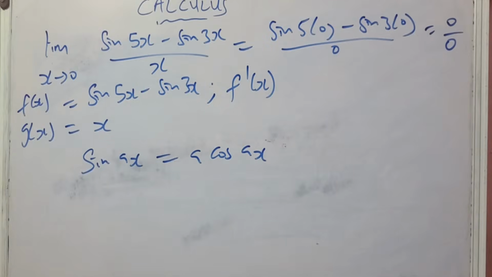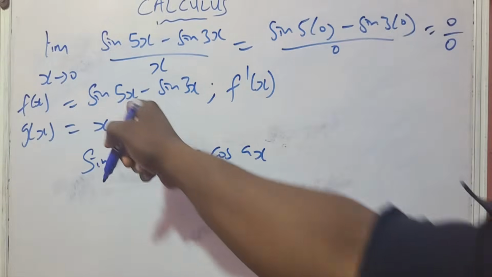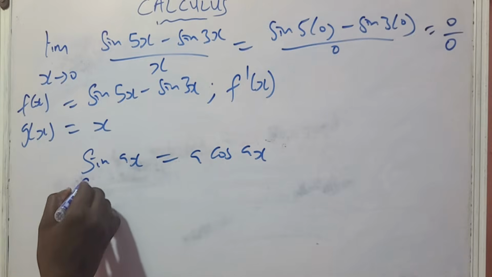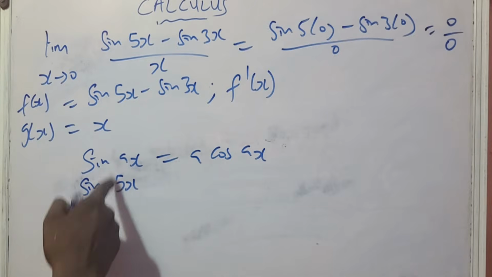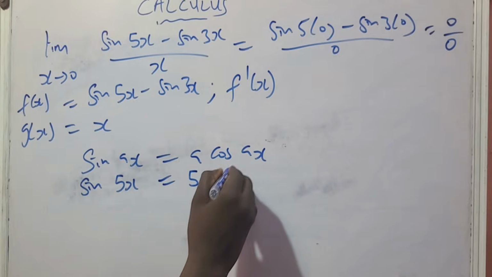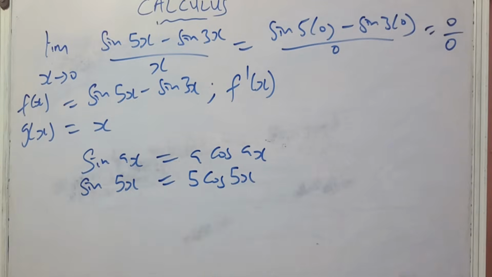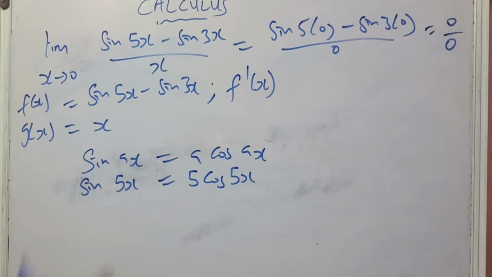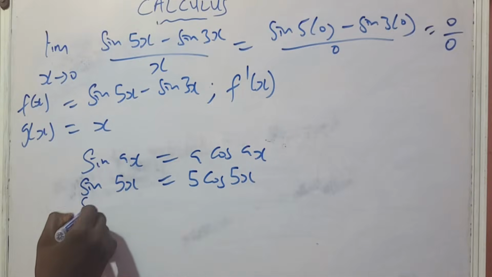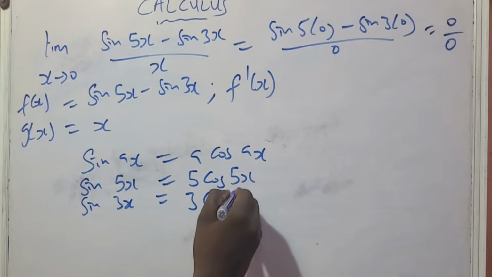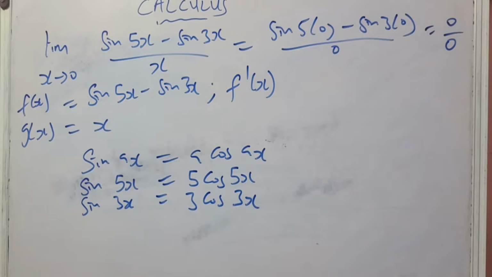So look at this now. I have this on my table, so I want to use this now. I have sine 5x. So obviously, if you fix in 5 here, this will be sine 5x. That means A here is 5. This will be 5 cos 5x. So simple. That's what you are just going to do to differentiate sine 5x. And for this other side, sine 3x, that means A is 3 here, which will be equal to 3 cos 3x. So simple. It's an identity.